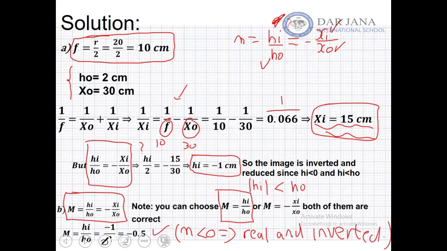So far so good. And 0.5 here is less than 1. Since it's less than 1, we can also deduce that the image will be reduced. So this was the last question.